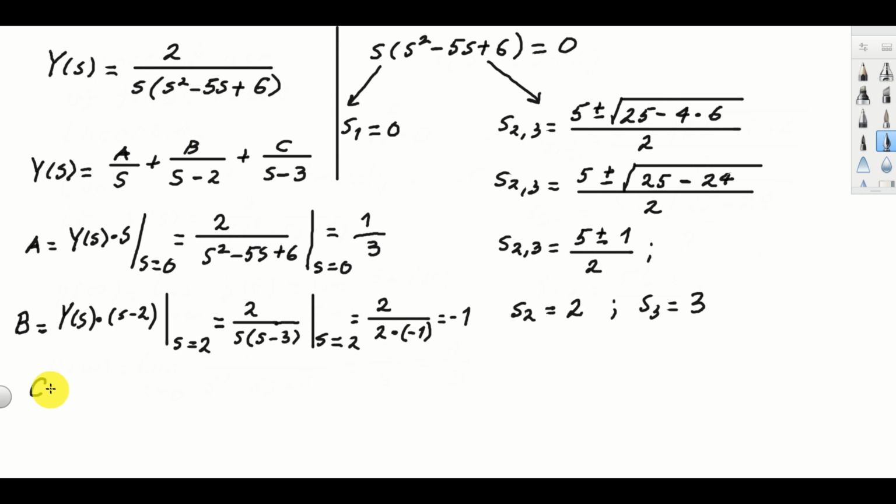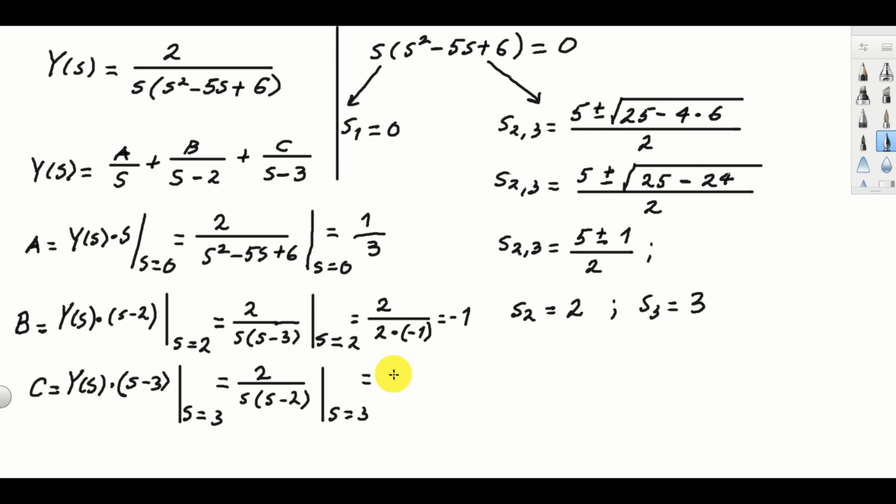And finally, the C constant is determined in a similar manner. It's determined as Y of s multiplying s minus 3, evaluated at s equals 3. Again, we can factor this polynomial as s minus 2 multiplying s minus 3, and if we multiply everything by s minus 3, we obtain 2 over s multiplying s minus 2, evaluated at s equal to 3.